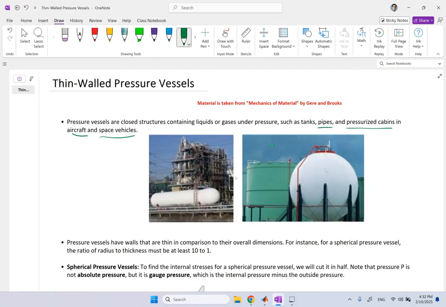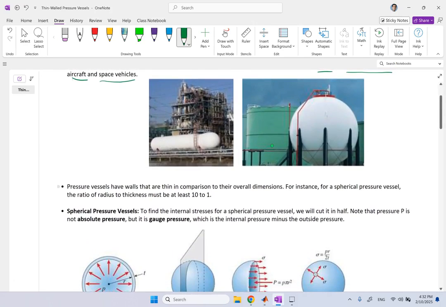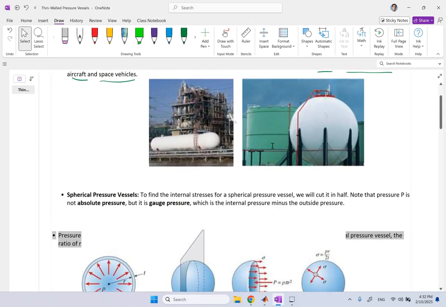So if we want to look at the stress inside these members and make sure that we use thick enough walls so they don't basically deform or go through fracture or anything, we need to study them a little bit. And so the first thing we want to talk about is when we say thin wall, right?